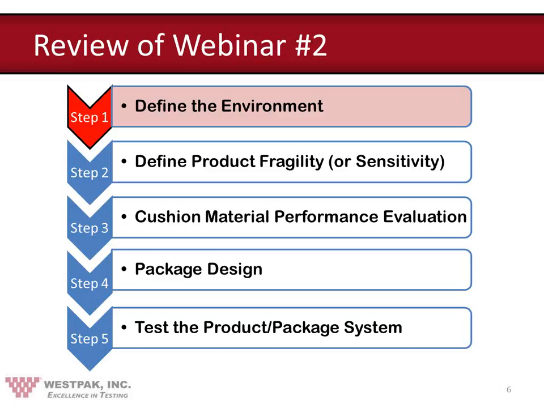And when you quantify everything, you want to make sure that it's accurate, because if it's accurate, one thing that you definitely avoid is both over packaging and under packaging, and that's the only way to pretty much have an optimal package: if you have an accurate representation of your distribution environment.